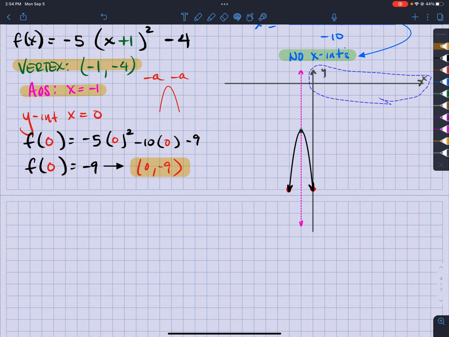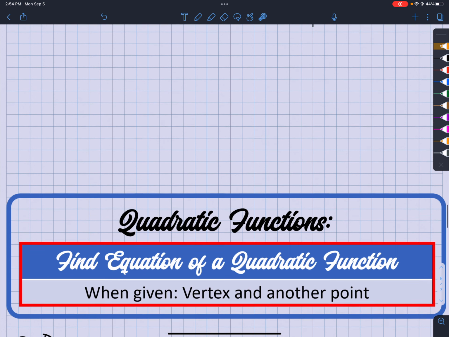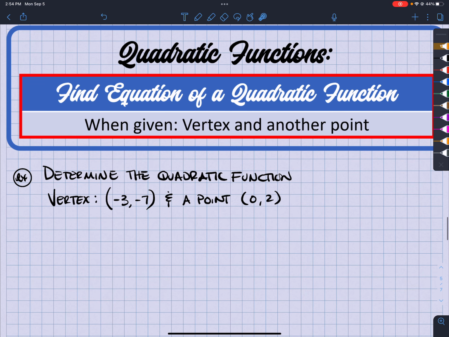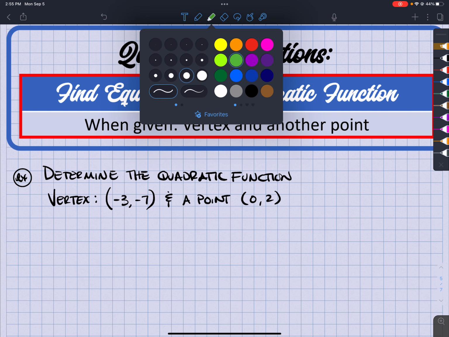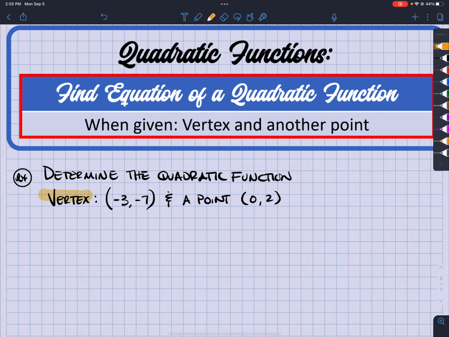So let's continue on and see what else is in store for us. Question is, can we find the equation of a quadratic function if we're given a vertex and another point? And the key word here is this word vertex, right?